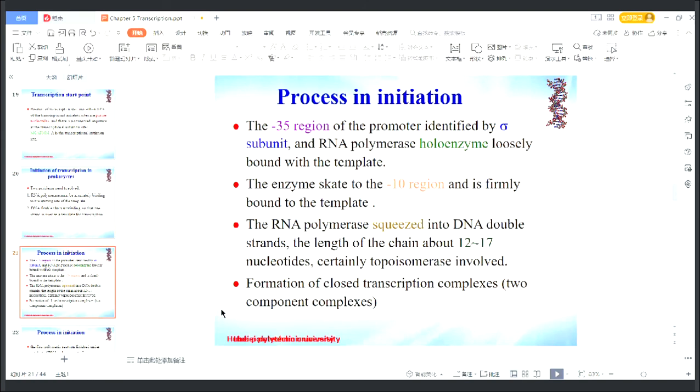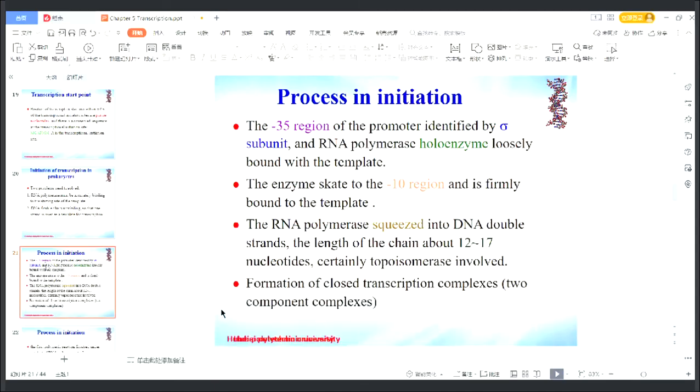And the enzyme slides and moves to the negative 10 sequence, here the TATA box. And easily, the RNA polymerase, you can see one of the subunits, the beta prime, may be squeezed into the double helix structure and make the two strands relax.